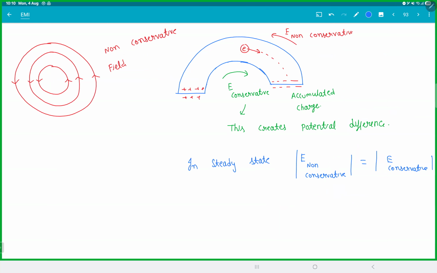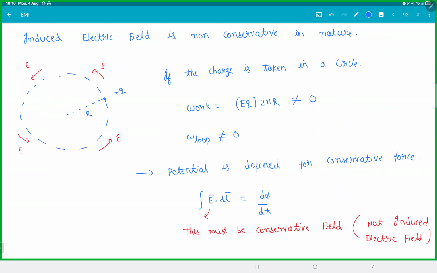Who is doing work? The electric field is doing work. This is the work of the non-conservative electric field. But sir, where is the magnetic field here? It was created by the magnetic field. So what is the problem? So magnetic force didn't do the work.